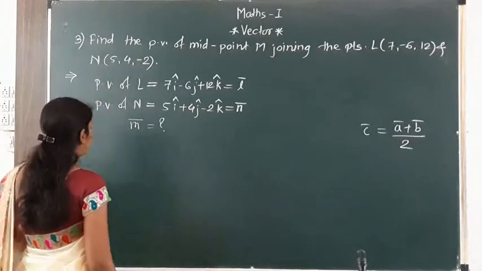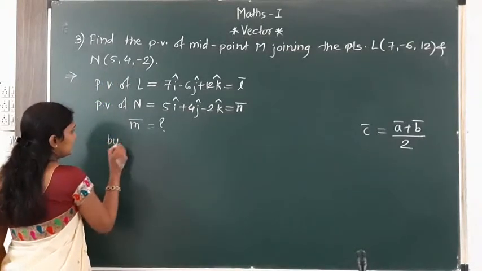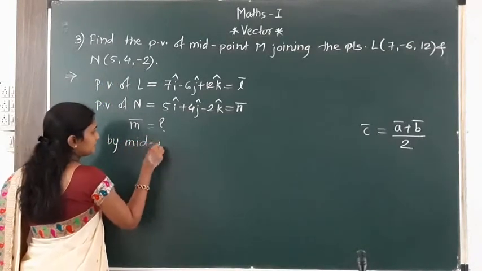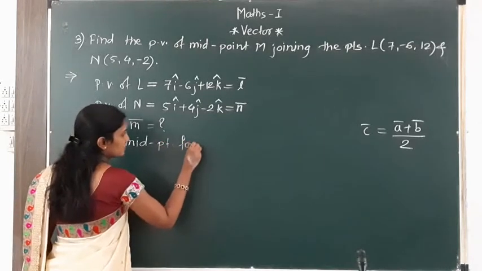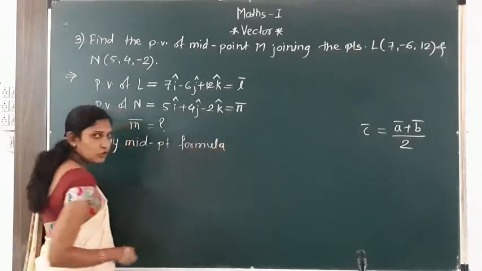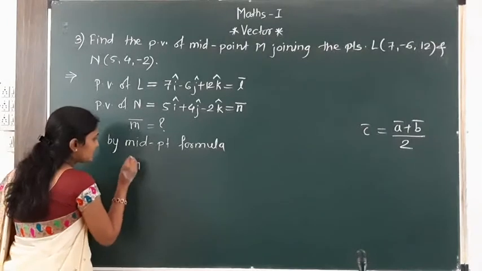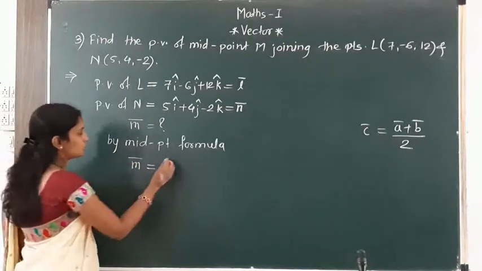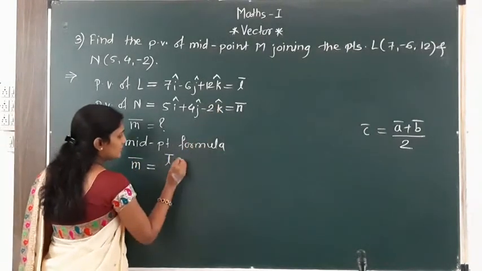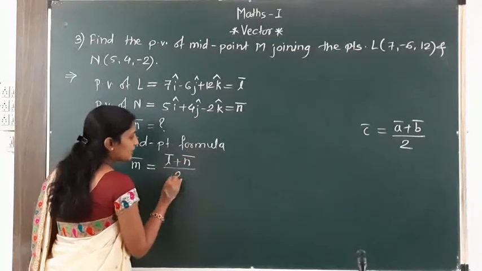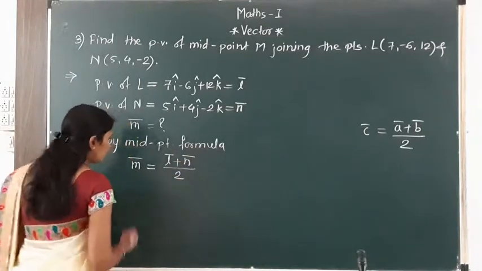So what is the formula? By the midpoint formula, M bar is equal to (L bar plus N bar) divided by 2.